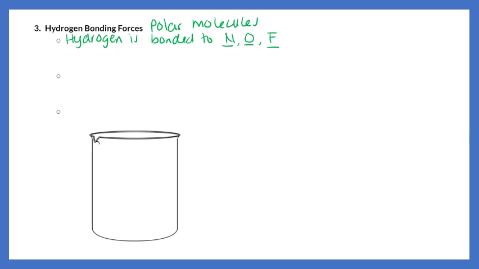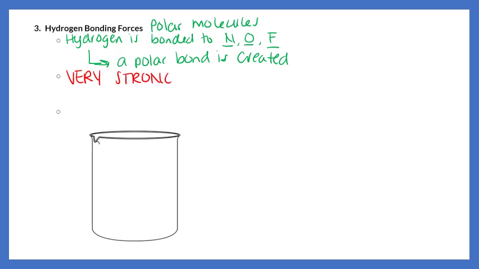Okay. When hydrogen is bonded to one of these three elements, it creates a polar bond. All right, so a polar bond is created. This polar bond is very strong. So this, in fact, is the strongest force.